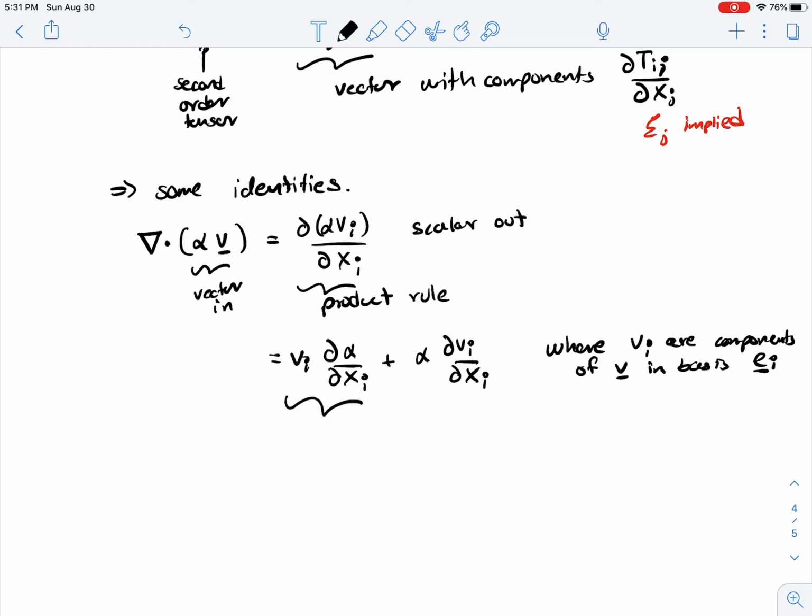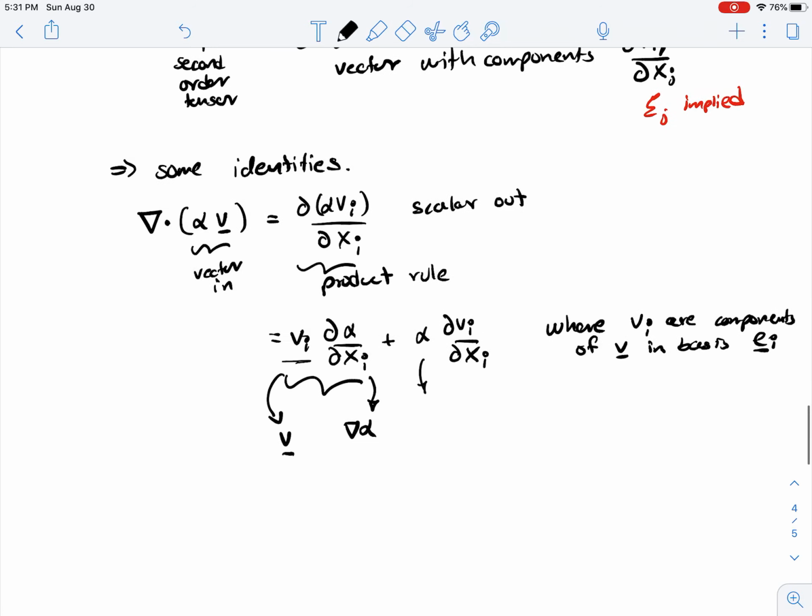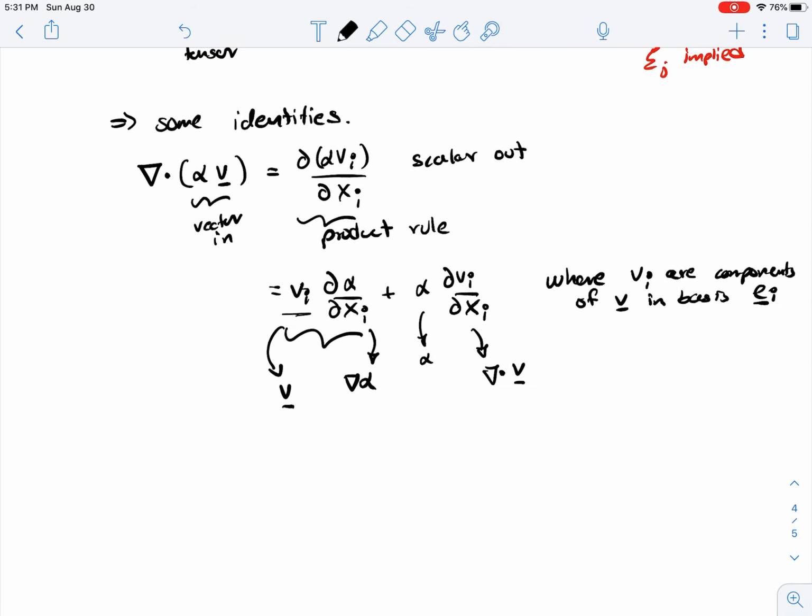But what if I want to go back to just tensor notation? So what's happening here, for example? There's a v_i here, which makes me think of V, right? And this other one right here makes me think of the gradient of alpha. And then this one just makes me think of alpha, but this one makes me think of the divergence of V, right?